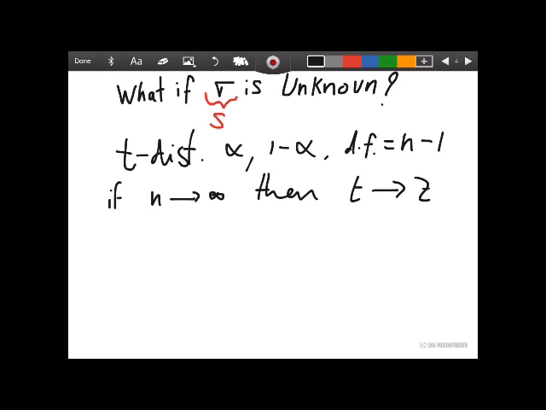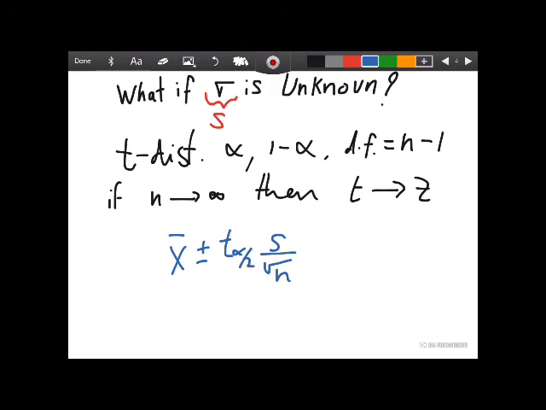So if that is the case, and we don't know sigma, and we're using an estimation of sigma using the sample parameter s, then we're going to have a very similar confidence interval, but now instead of having the z, we're going to have the t. So the confidence interval is going to be x bar plus or minus t alpha halves times s divided by square root of n. All right.